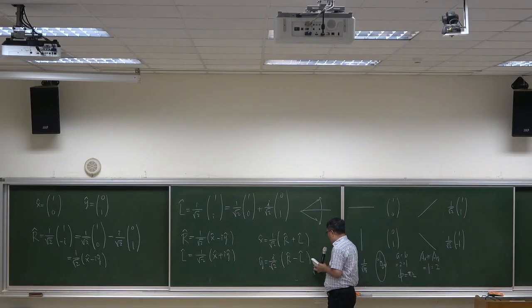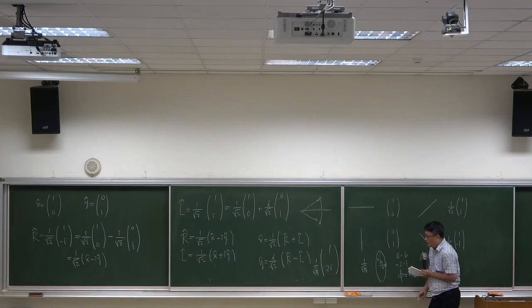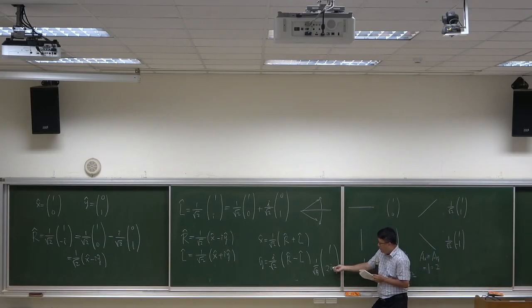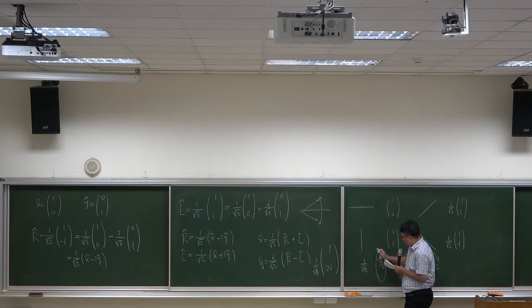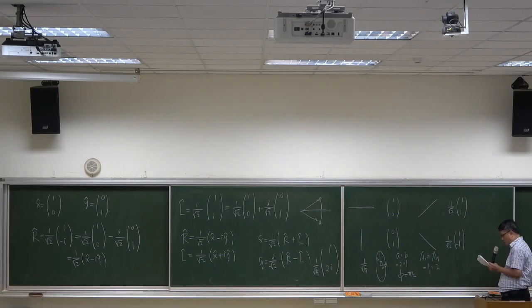this can be written as this. Here, if I have minus i, then it revolves counterclockwise. Here we have positive i, which means it revolves clockwise. Okay?